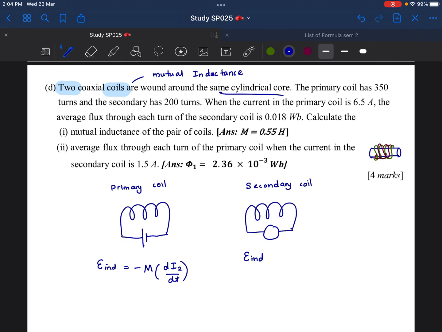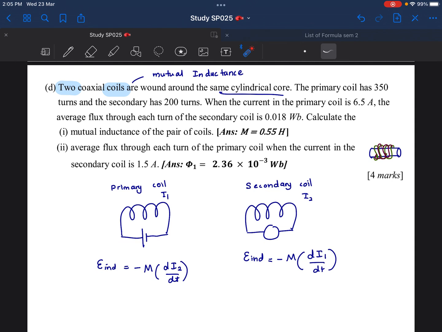How about secondary coil? It will be negative M also, but the current akan jadi dI1 over dt sebab perubahan current pada primary coil. So that is the key notes of mutual inductance. Mereka mendapatkan EMF induced disebabkan oleh perubahan current pada kawan sebelah mereka.